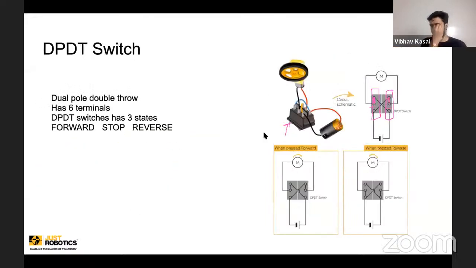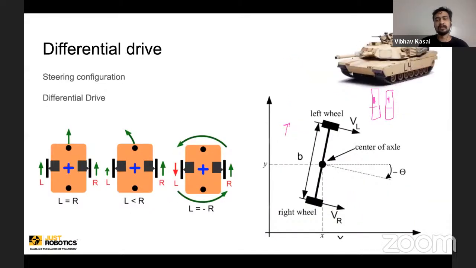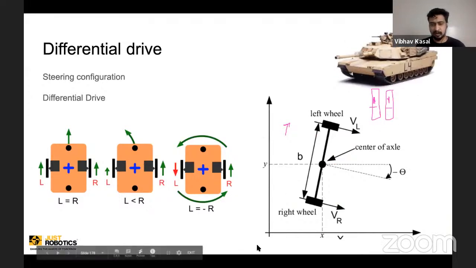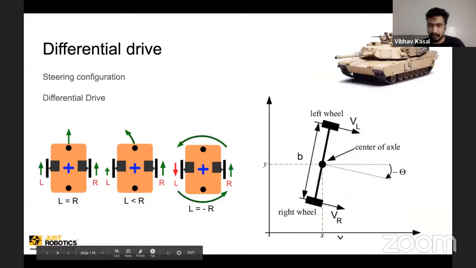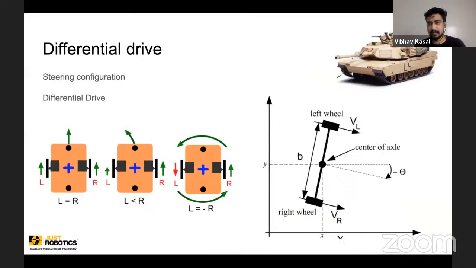Now that we know we can control a motor, turn it on, off, and reverse, let's see how we can use this function to build a robot. So you would have seen battle tankers. The way the battle tanker moves, it has a left side track and a right side track.